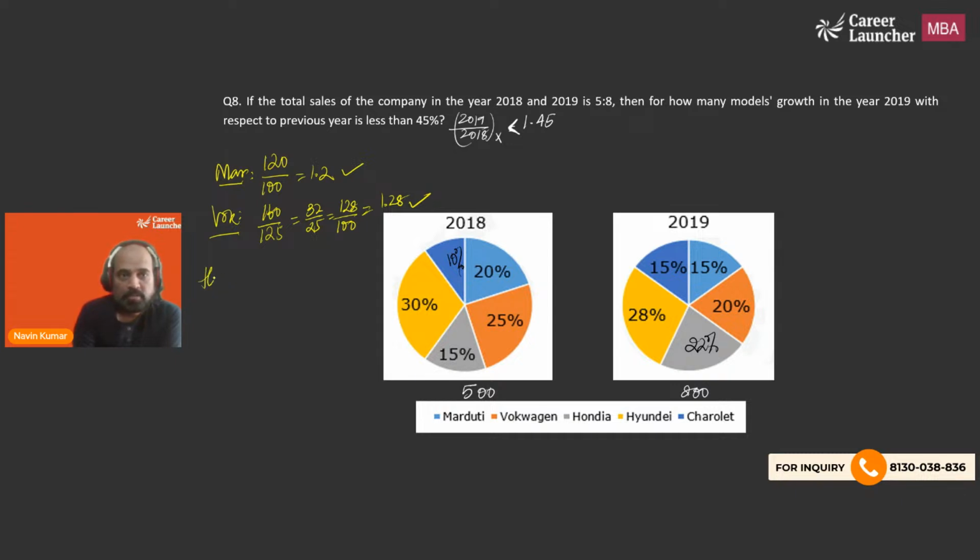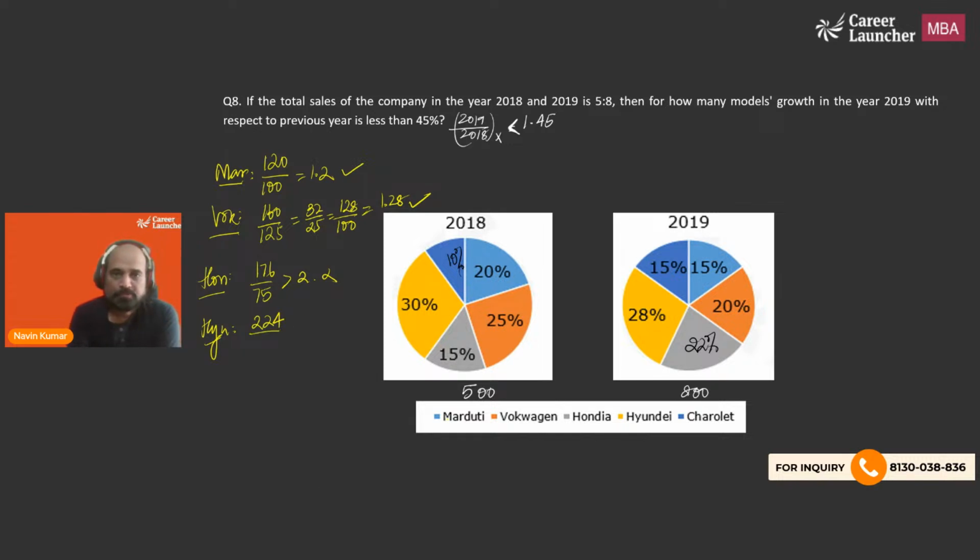Okay, if you look at Honda, this is 22 into 8, which is 176. And this is 15 into 5, which is 75, which is definitely greater than 2. So not included. If you look at Hyundai, it's 28 into 8, which is going to be 224. 160 plus 64, right? So 224.